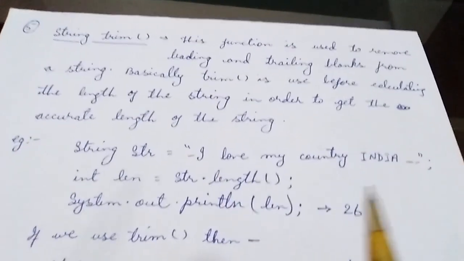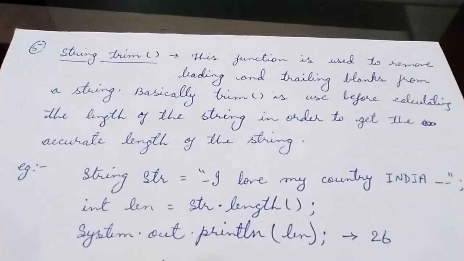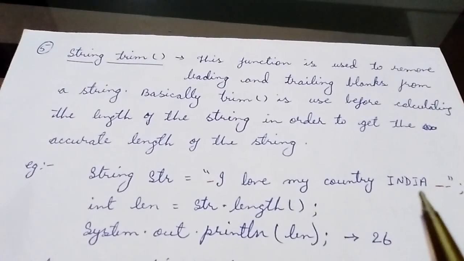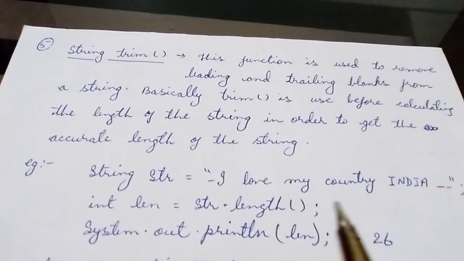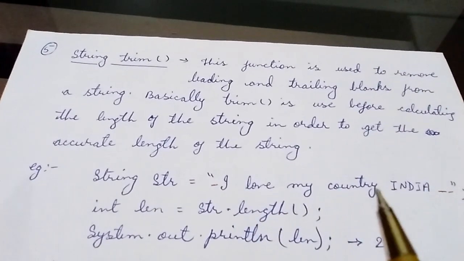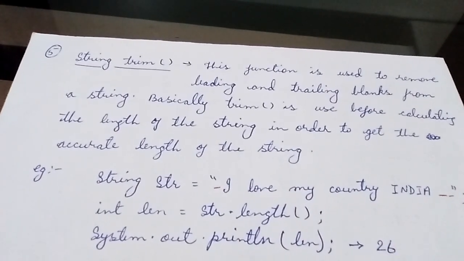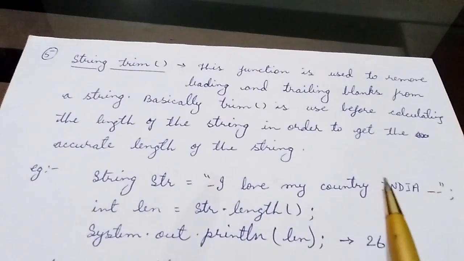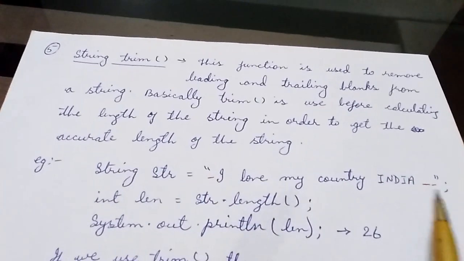So this is not the exact length of the string, and just now we have learned that the total number of characters present in the string is equivalent to its length. In this case, if we say that the total number of characters present is 26, it will be wrong, because the characters are only from I to A, where these are the empty blanks.